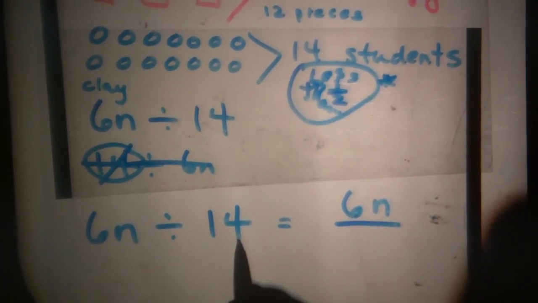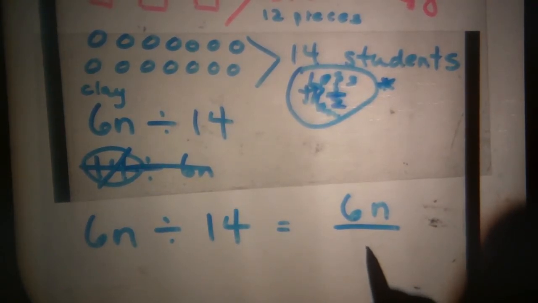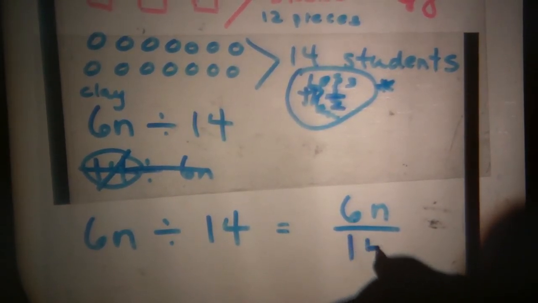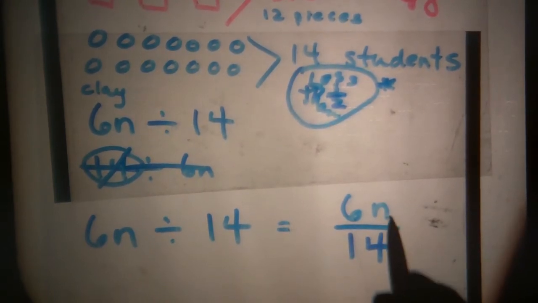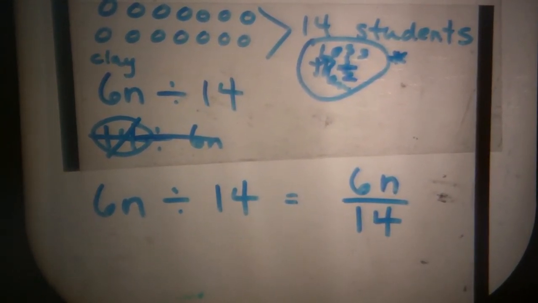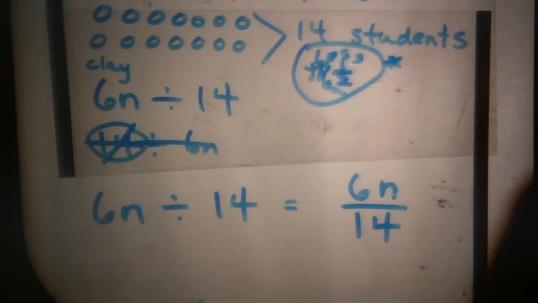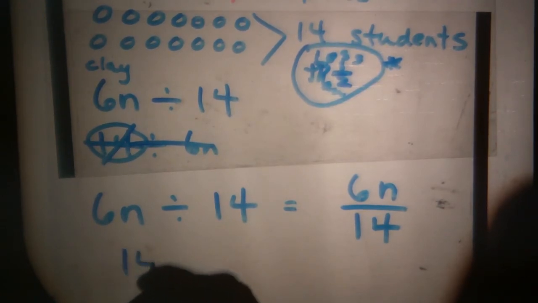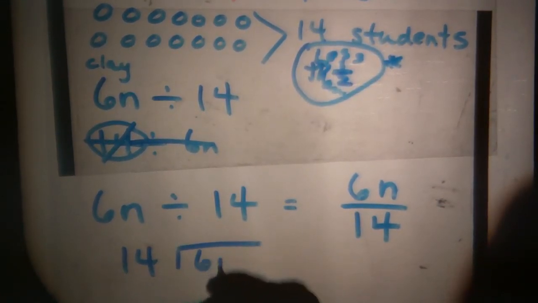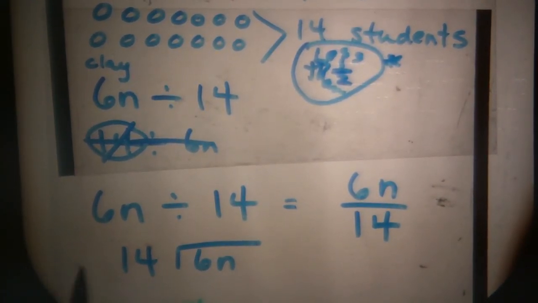I know that 14 would be the divisor, so it's going to be the denominator, 14. We use a fraction because we have this variable n here. So it makes sense to put it as a fraction. It makes more sense than if we were to write it this way, with the 6n here. What do we do with the n then? This would be the most logical way to set it up.